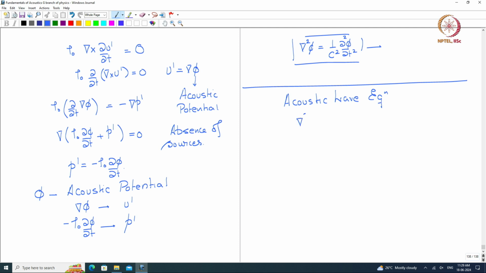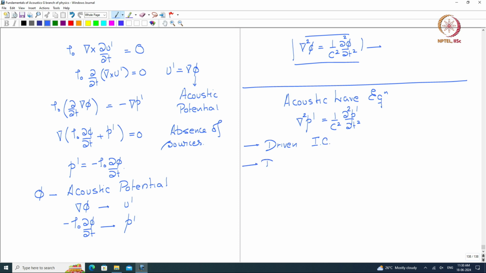Del square p dash is equal to 1 over c square del 2 p dash del t square. Okay. And this can be driven by initial conditions.